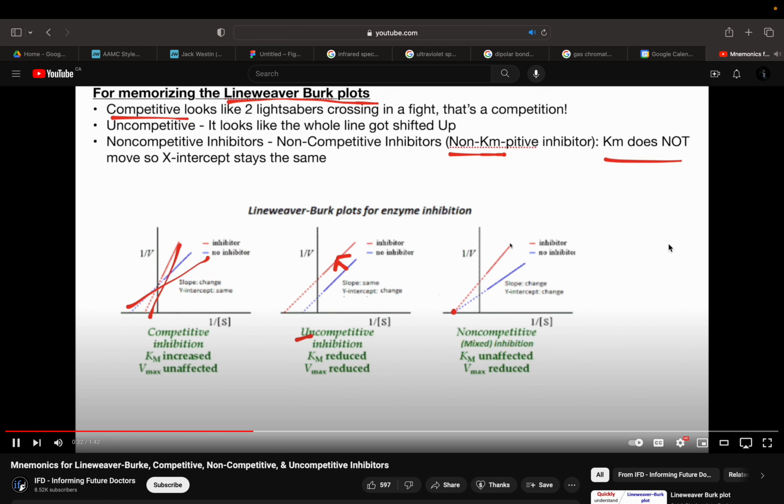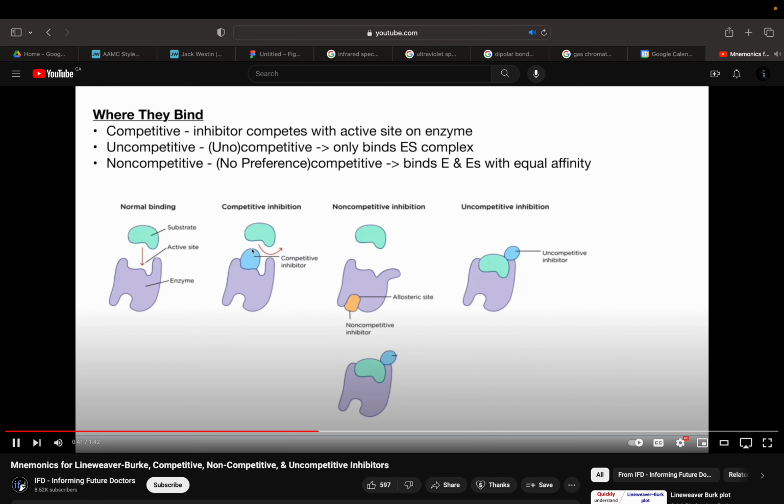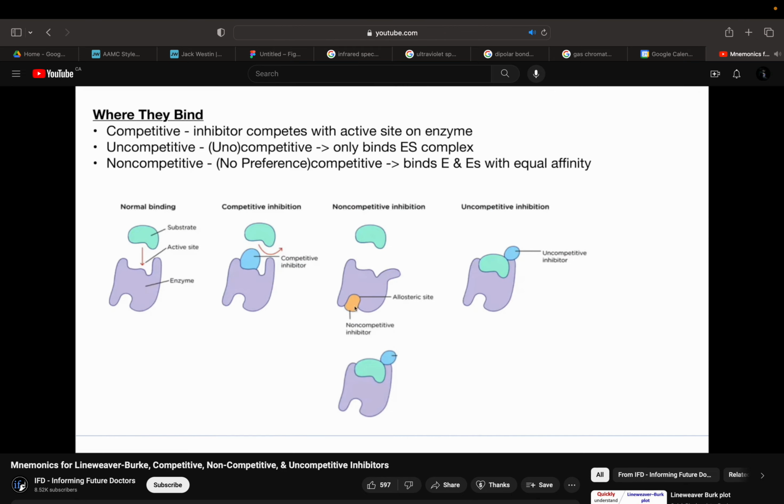Another way you can memorize it is that if you take a line and you draw it like this and it kind of... binding at the active site, or is the inhibitor binding allosterically?